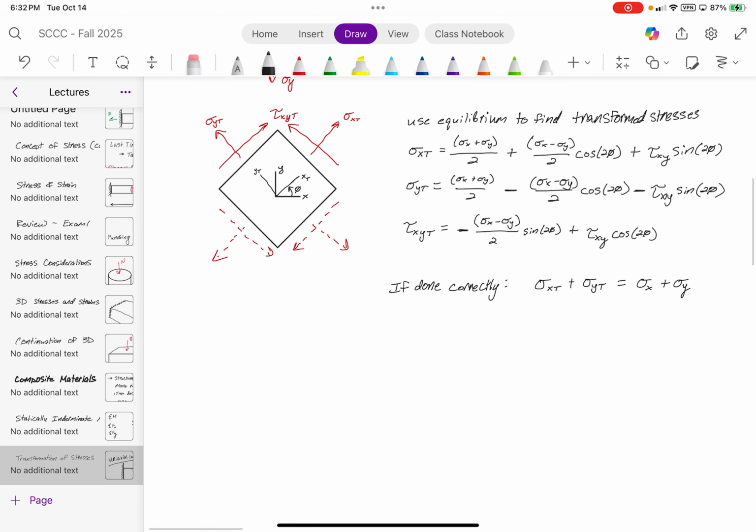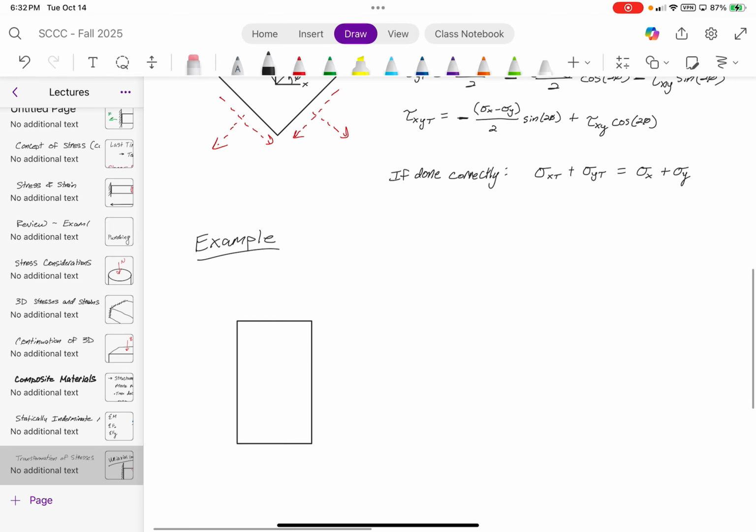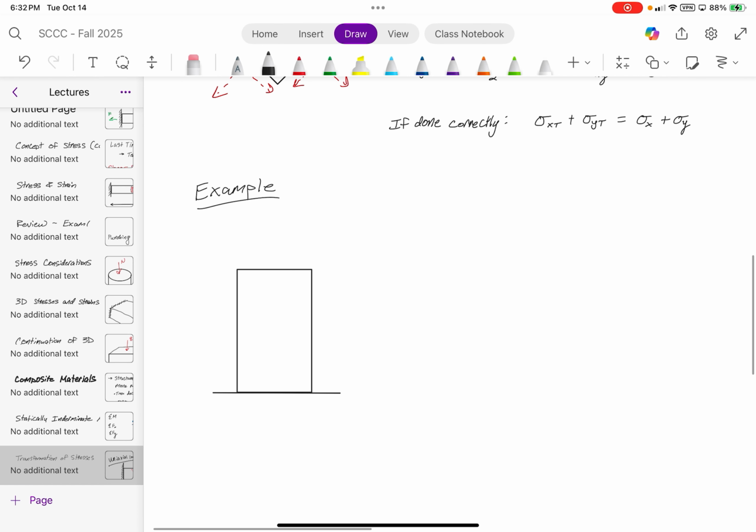All right. Now, the best way of doing this now is just going straight into an example. And one of my favorite problems is involving soil mechanics. Has anybody ever heard of a uniaxial compression test for soil? No one?